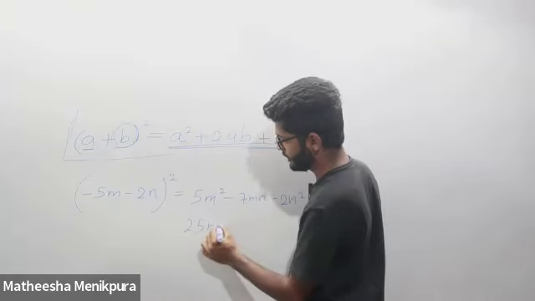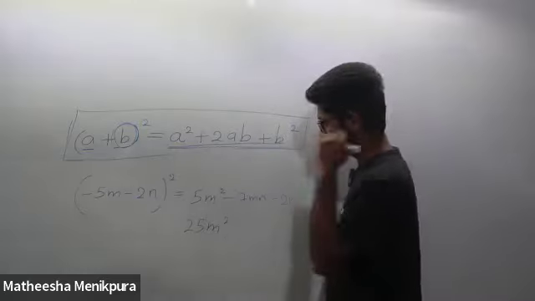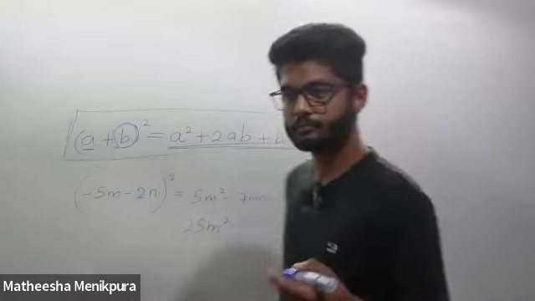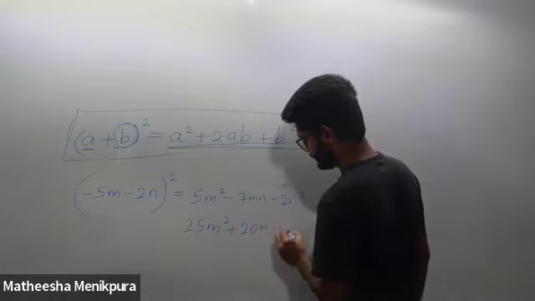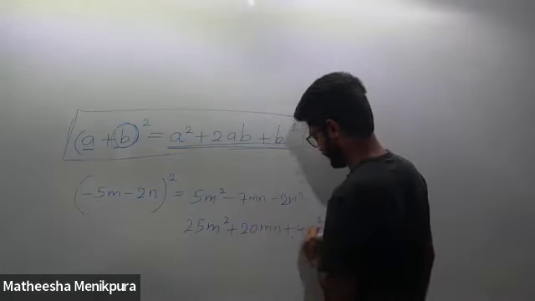Plus 25m squared, plus 20mn, plus 4n squared. You got the same answer. Yes, we got two answers.